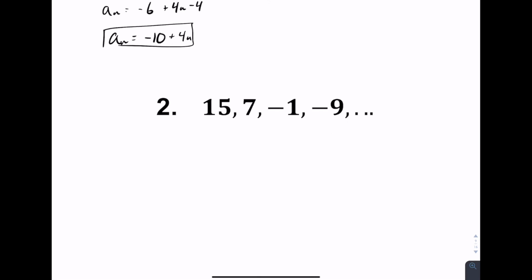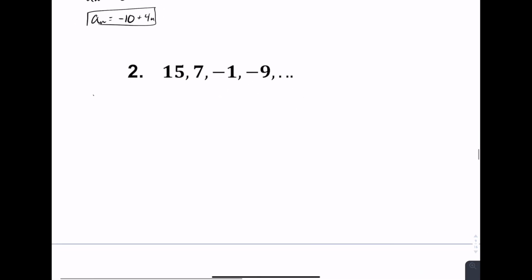Alrighty, one more example, then we'll be done. So let's see, a1 has to equal 15. The difference between each one of these, we're taking away 8. We're subtracting 8 every single time. So that means that d has to equal negative 8. And obviously here I'm going to skip a few steps. So for my explicit, I'm not going to rewrite the formula anymore.